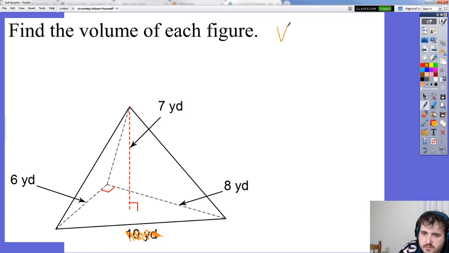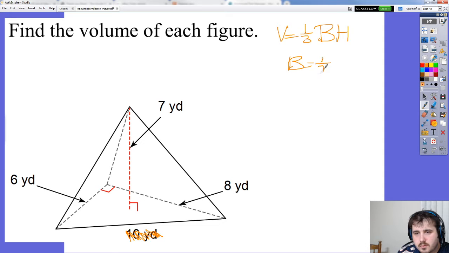So volume equals 1/3 base height. And we're going to find the area of the base. 1/2 little b little h. And again, this is why I do the capitals here and the lower cases here. It does make a difference. It does help keep you honest.